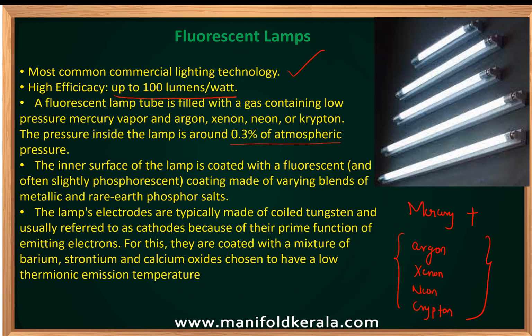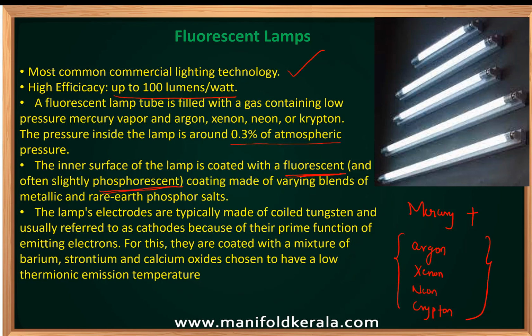The inner surface of the lamp is coated with fluorescent material or phosphorus. What is the property of this fluorescent or phosphorescent coating? Usually when the gaseous mixture inside the lamp discharges, it will emit ultraviolet radiations.